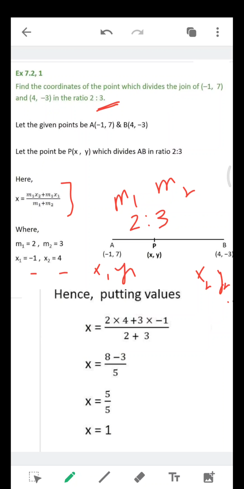Substituting in the formula, m1 is 2 and x2 is 4, so m1 x2 plus m2 x1, that is 3 into minus 1, by m1 plus m2, that is 2 plus 3. So 2 fours are 8 and 3 ones are minus 3. 8 minus 3 is 5, and 5 by 5 is 1. So we got the value of x.